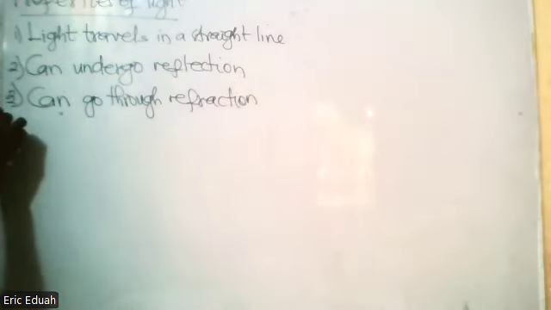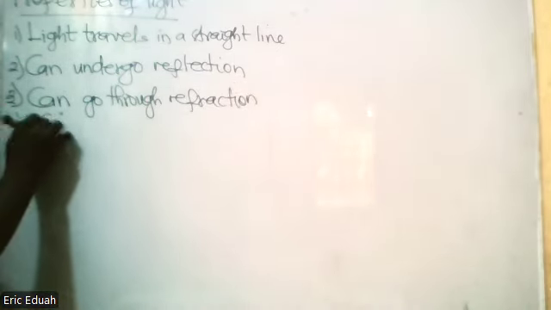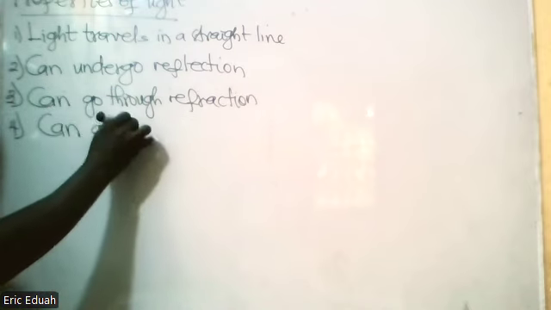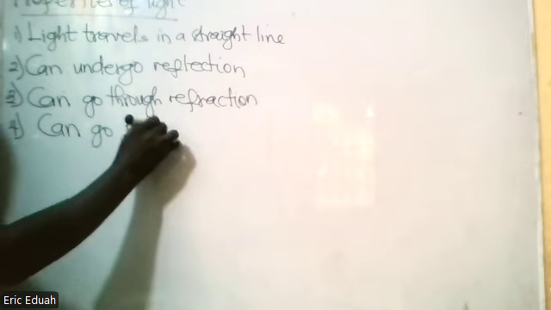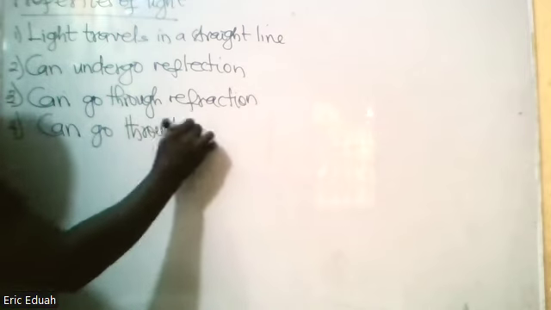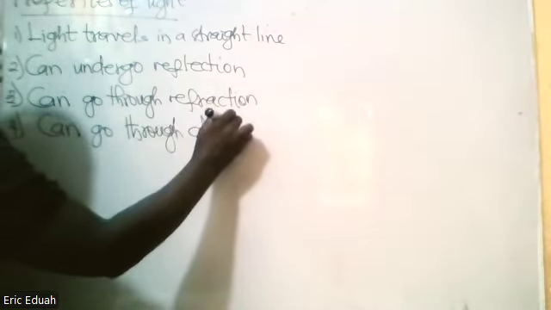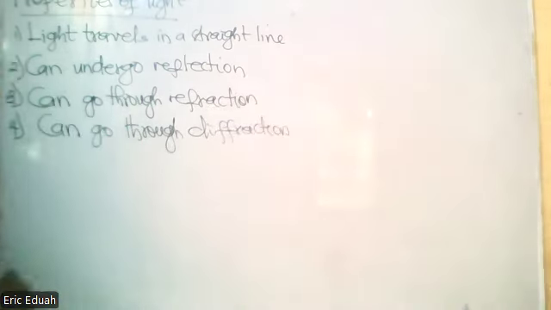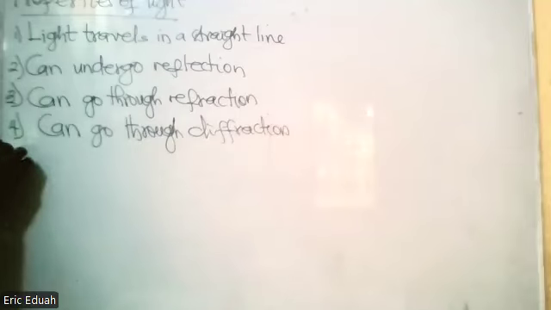Light can also be diffracted. Diffraction. Light can also go through interference.